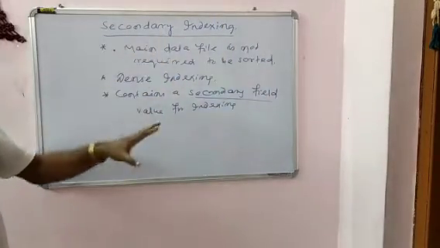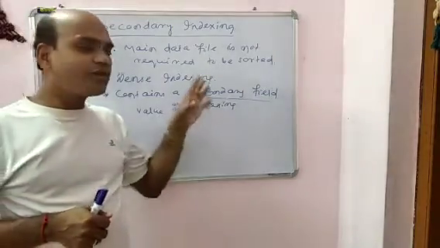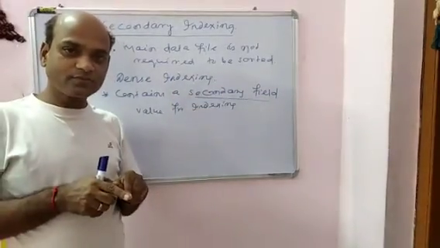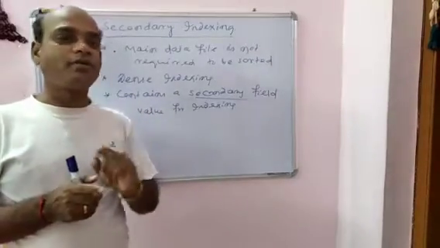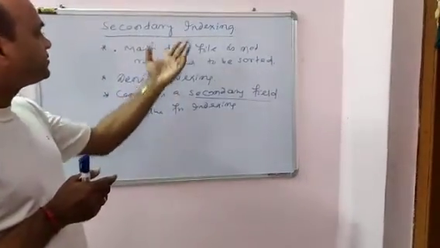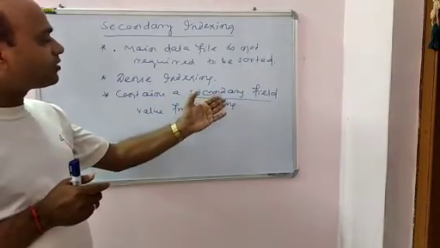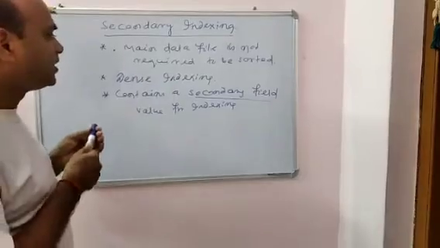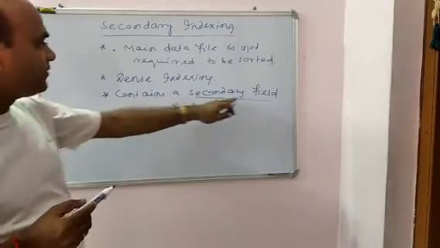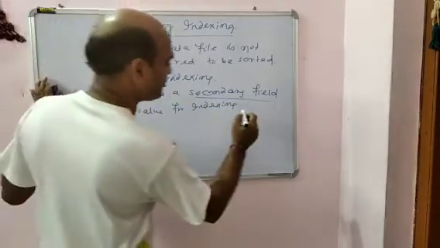An index file normally contains a field value, a non-ordering field value plus a pointer. Similarly, secondary indexing also contains a non-ordering field value plus a pointer. It contains a secondary field and a pointer.